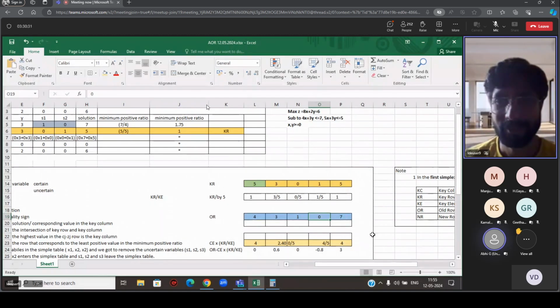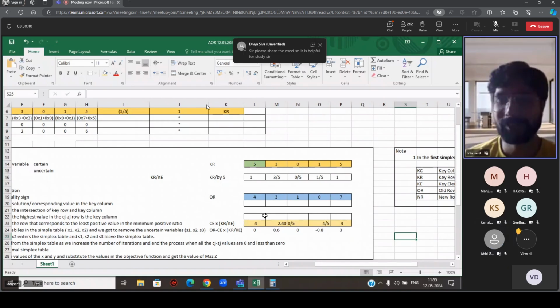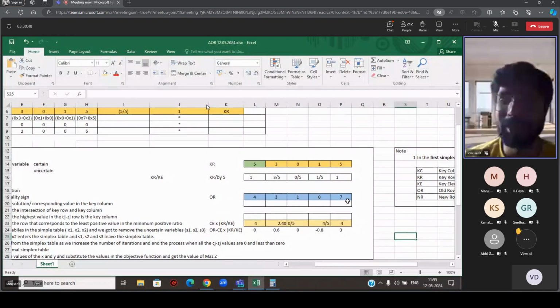Okay, sorry, I wrote wrong here, sir. No, see, we are only making it 0. So how are we making it 0? We are just taking the old row and multiplying it with the key element. What is the key element? I have multiplied it by the 4.